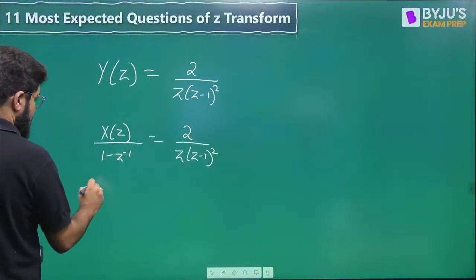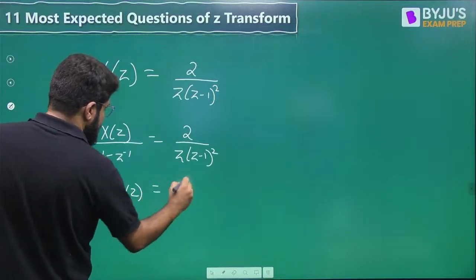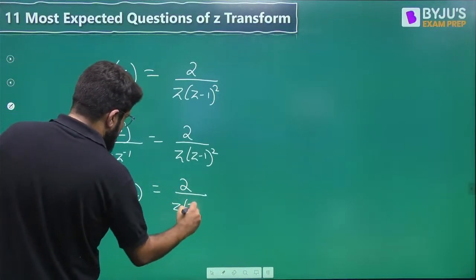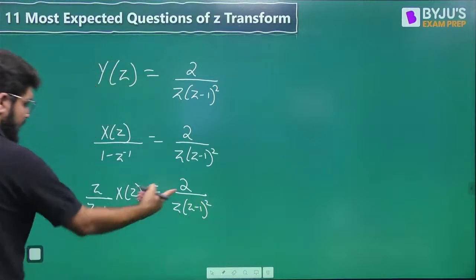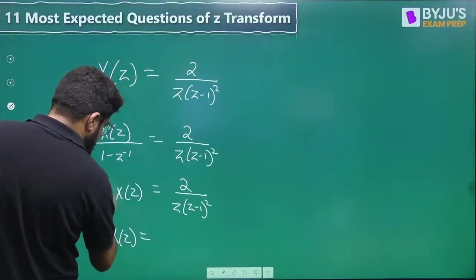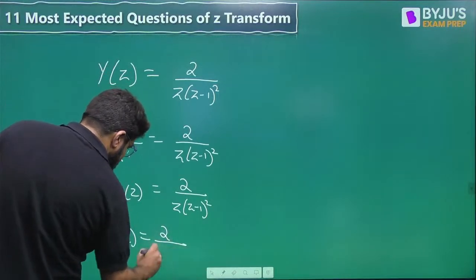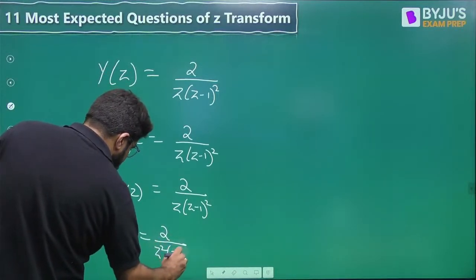This is also z upon z minus 1 multiplied by X(z), equal to 2 by z minus 1 whole square. One of the z minus 1 powers gets cancelled. So what is X(z)? It is equal to 2 upon z square times z minus 1.